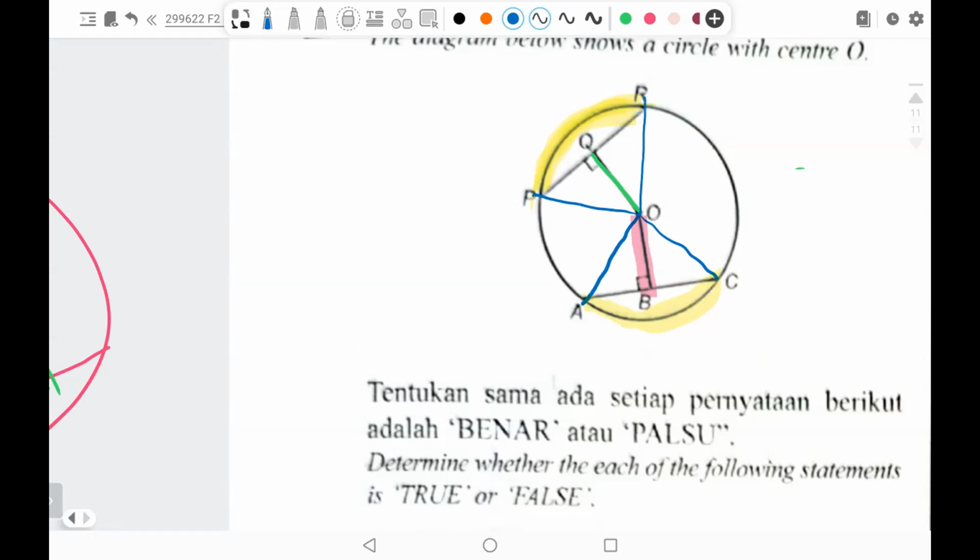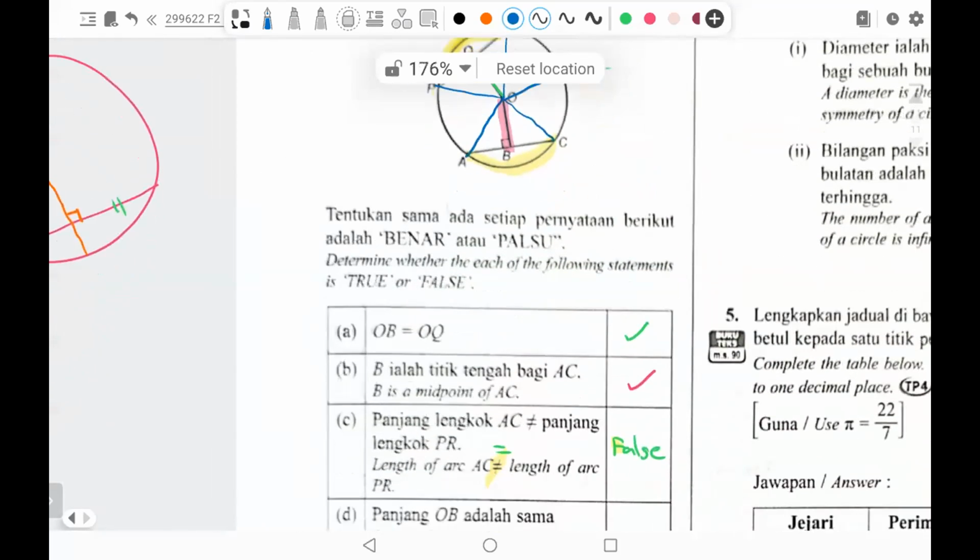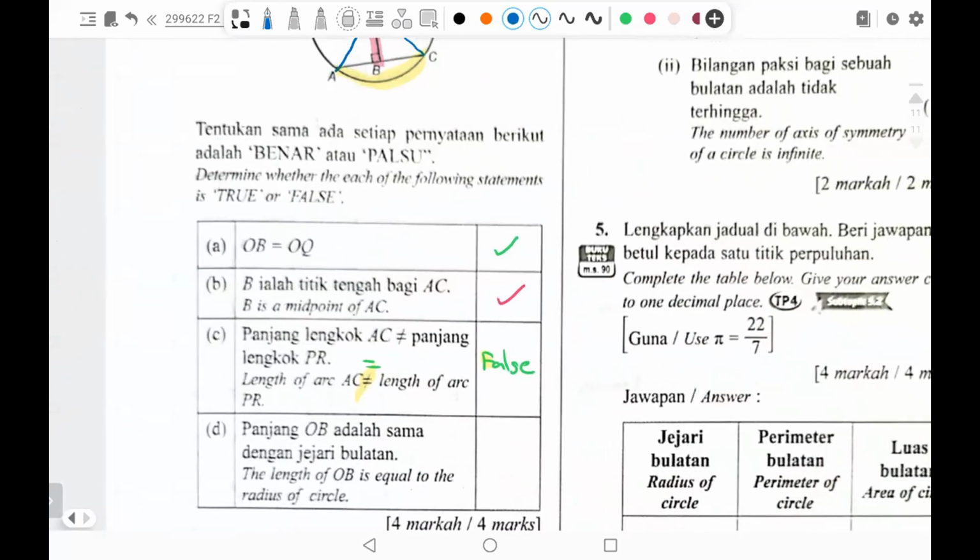If I want to do like this also, that is a radius. Is that okay, everyone? So two subtopics in this chapter you must know to complete chapter 5.